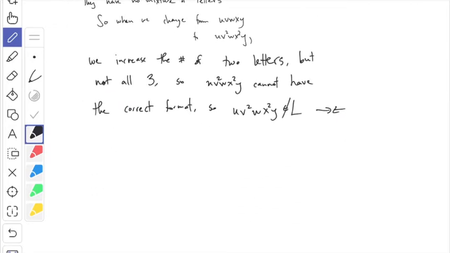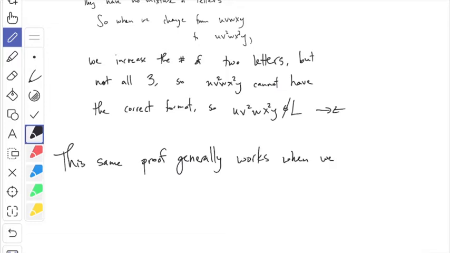So I'll just say this same proof generally works when we see something like 3 n's on different letters. By 3 n's, I mean they actually have to be the same n.